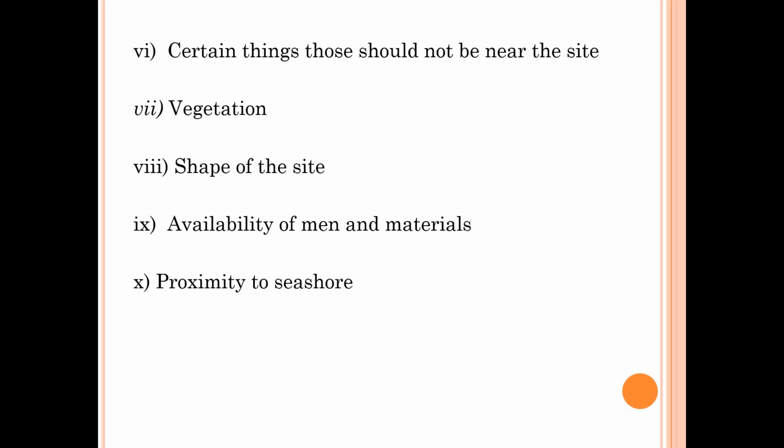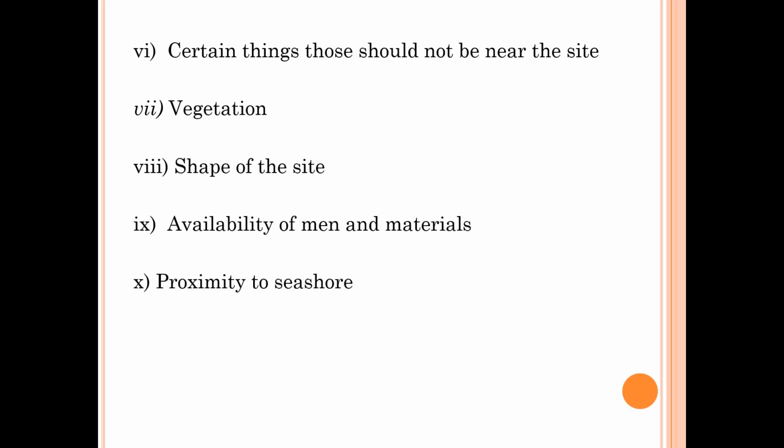Then the vegetation. While going to the site, we need to see what kind of vegetation is present, and how much vegetation should be removed, or that it should be less. That can be seen while choosing the site.